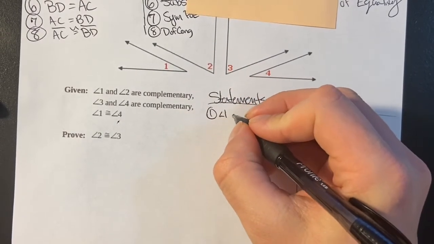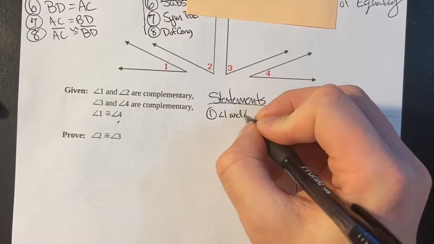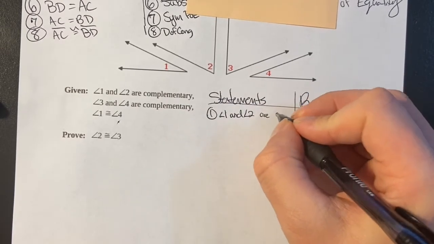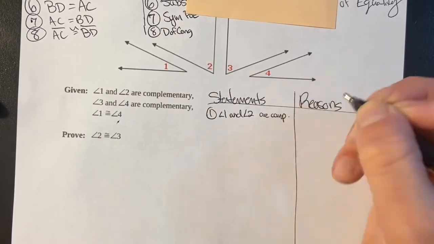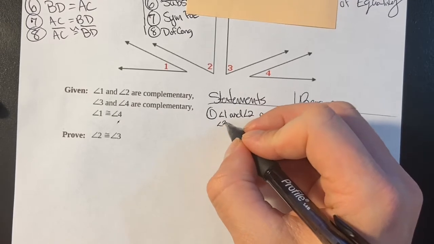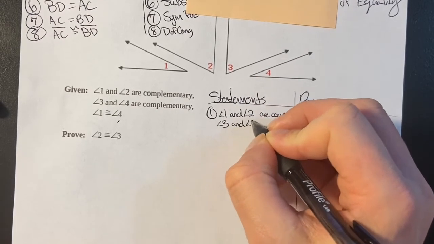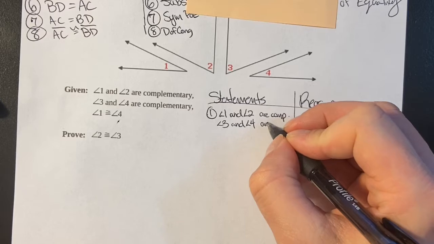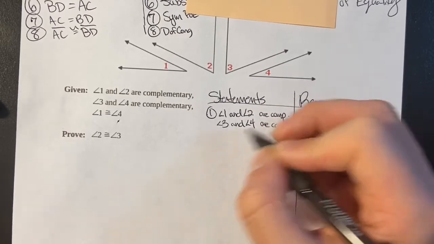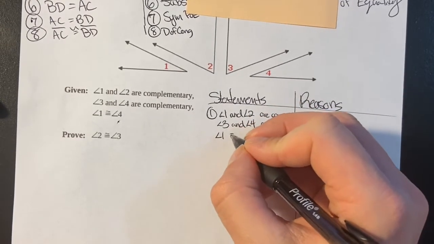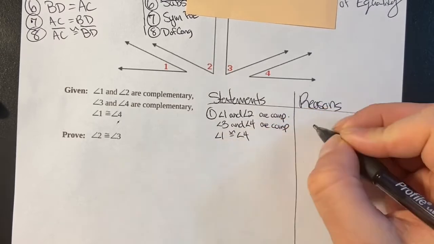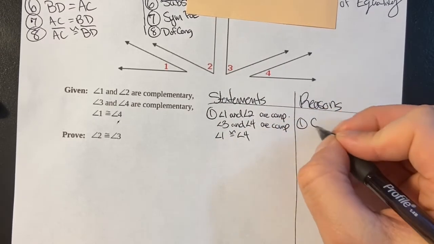Angle 1 and angle 2 are complementary, so I'll put comp. I'll also say angle 3 and angle 4 are also comp. And I'll say that angle 1 is congruent to angle 4, and all of those are my givens.